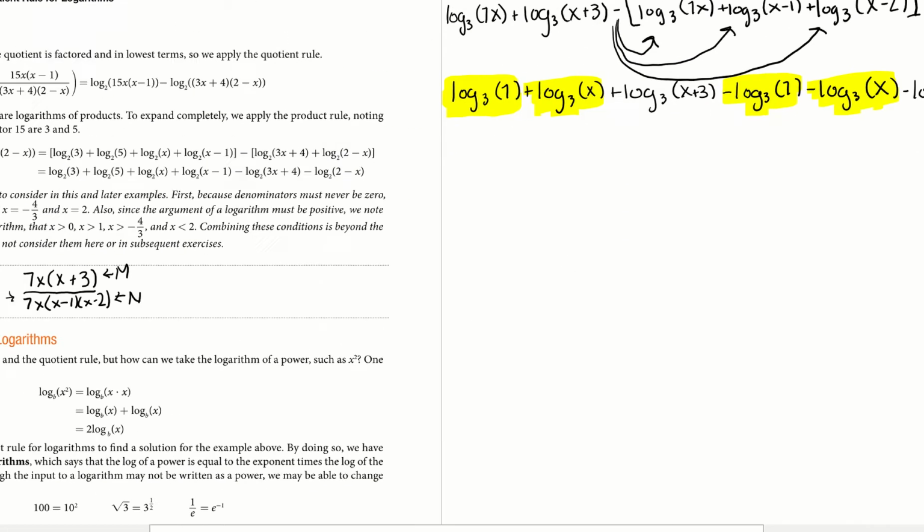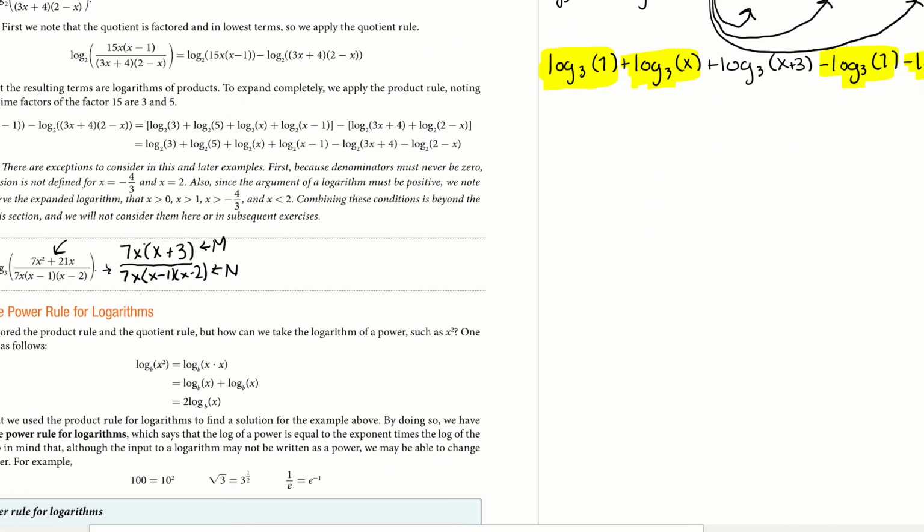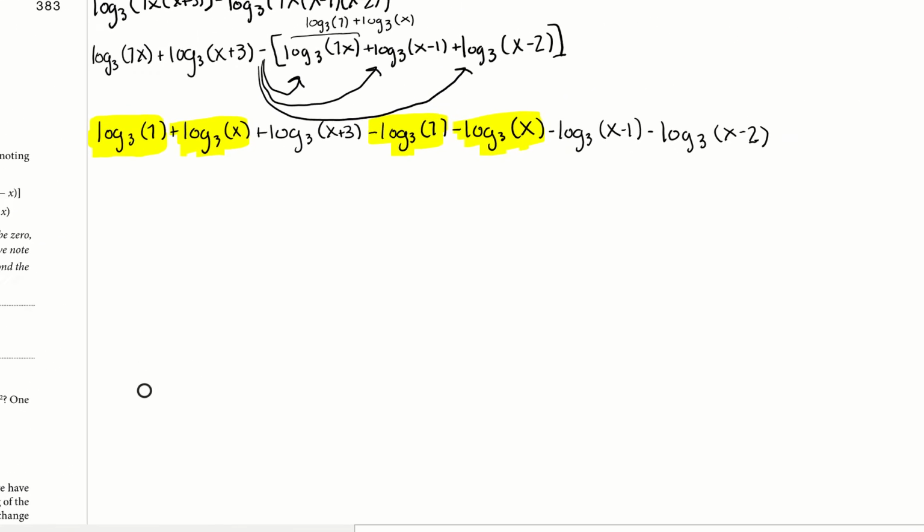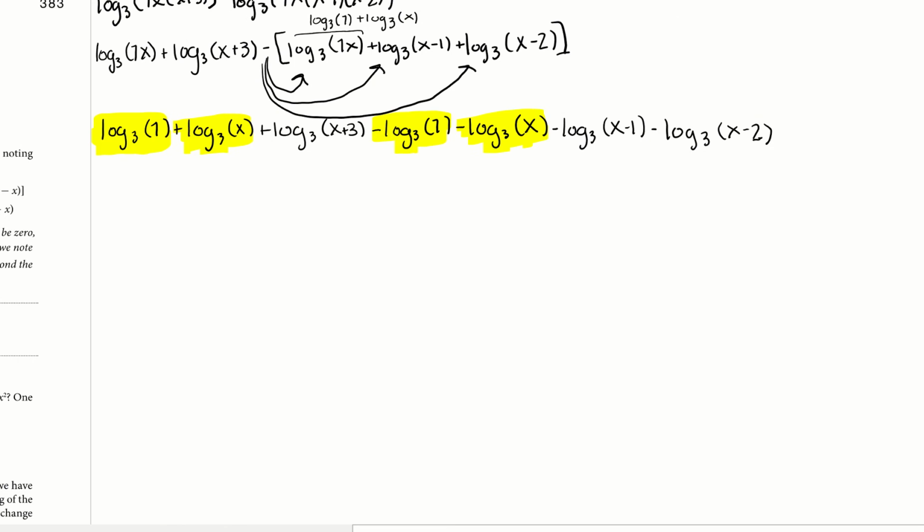And also, back to the question we had earlier, you could cancel those factors, because when you do it all the way out, you'll notice that they do cancel anyways. So if you wanted to save time. So that gives us log base 3 of x plus 3, minus log base 3 of x minus 1, minus log base 3 of x minus 2.